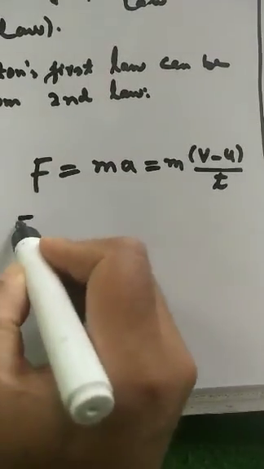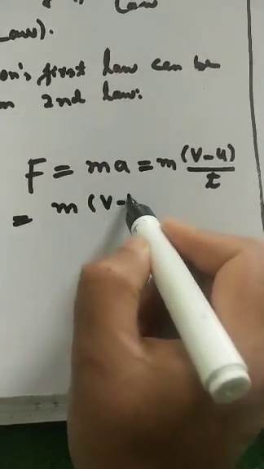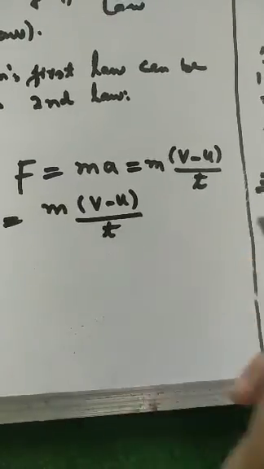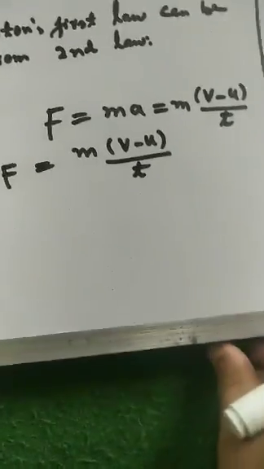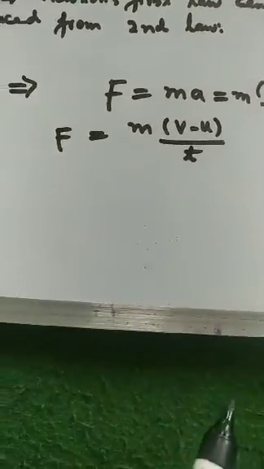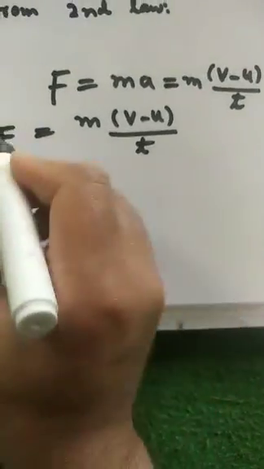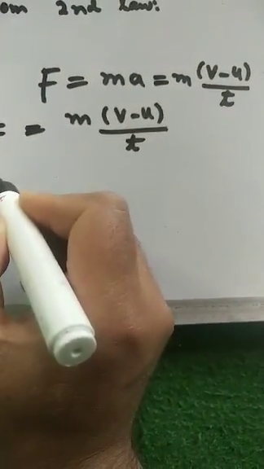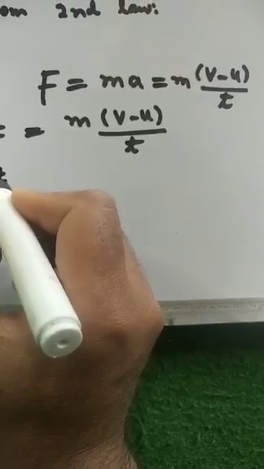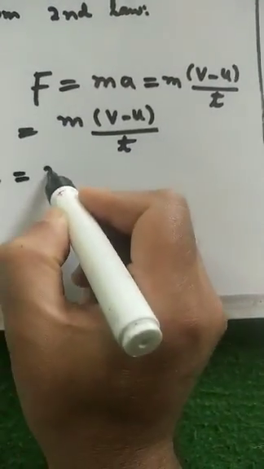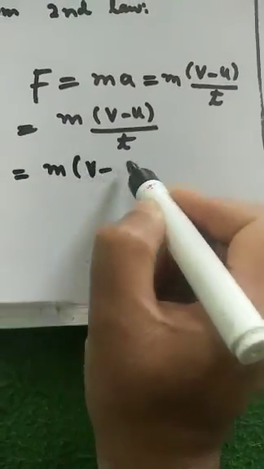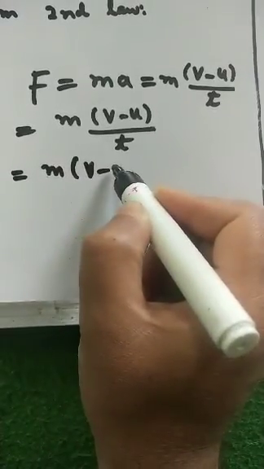So F = m(v - u)/t. This is also Newton's second law of motion. Here we will cross multiply: t into F gives F into t is equal to m multiplied by (v - u).